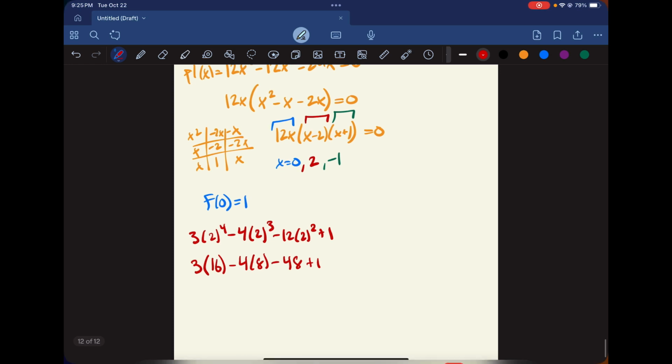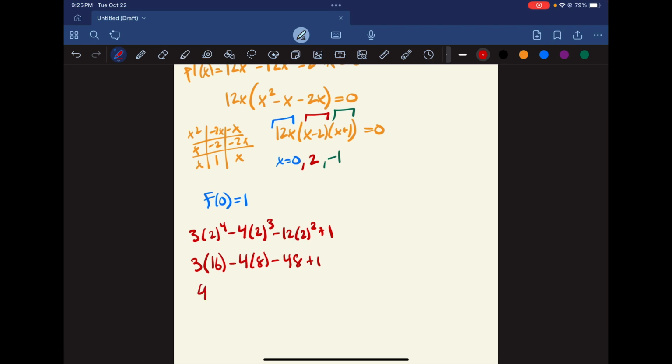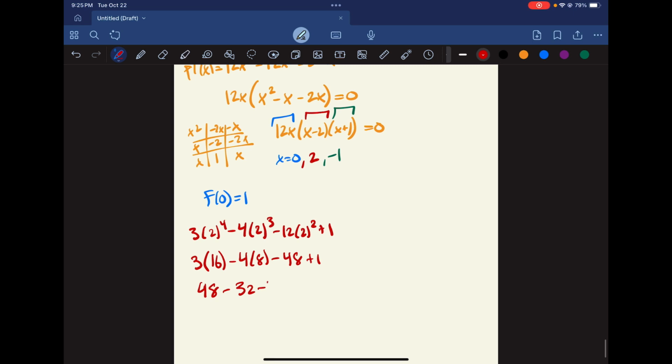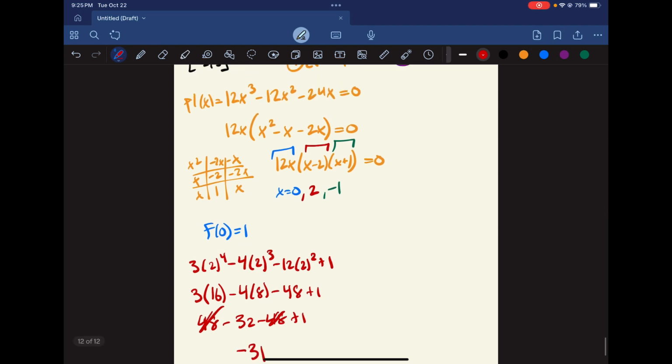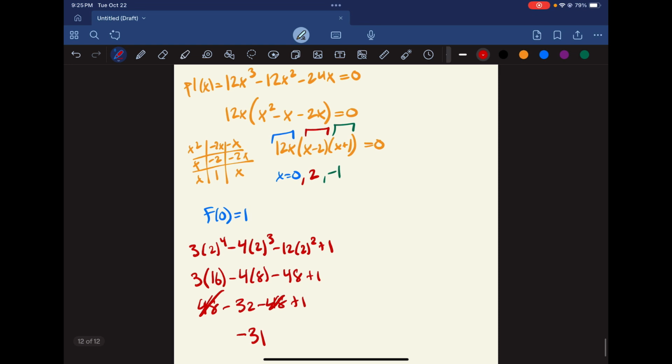So that will be 48 minus 32 minus 48 plus 1. These two 48s cancel out, so you're left with a negative 31 there. So f of 2 equals negative 31.